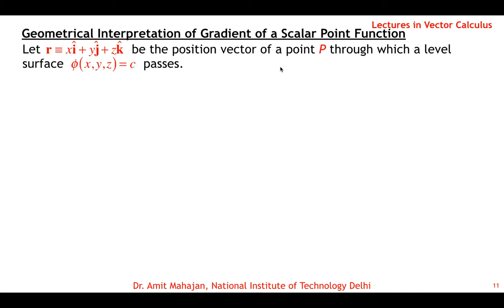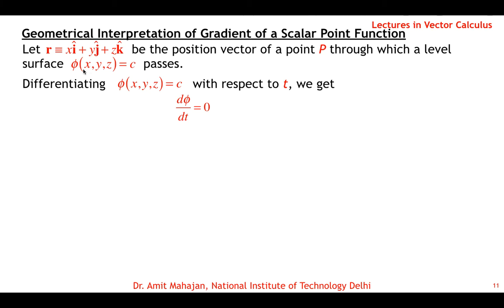So let there be a level surface, and on this surface there is a point P whose position vector is R, which is xi plus yj plus zk, and if we differentiate this level surface with respect to t, we get d phi by dt equal to 0, since the other side is constant, so the derivative is 0. And since phi is a function of x, y, z, and x, y, z are functions of t, I can rewrite the left hand side by using the chain rule.